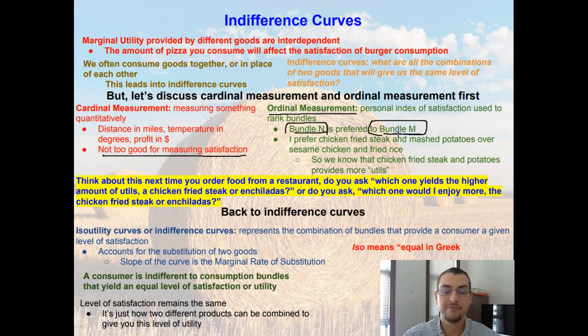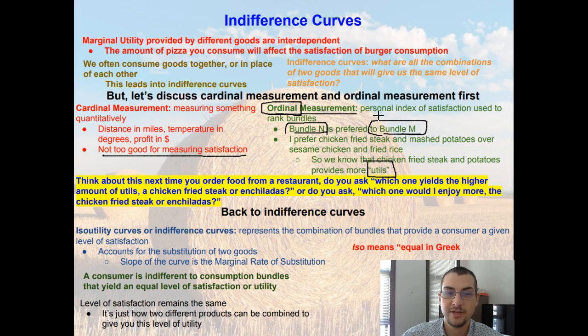I prefer to have that chicken fried steak over that sesame chicken. Because I know that I prefer that chicken fried steak, I can reasonably say that I would place chicken fried steak first. I order it first, kind of using that root word ordinal. I would order that chicken fried steak over that sesame chicken, so I know it has more utils.